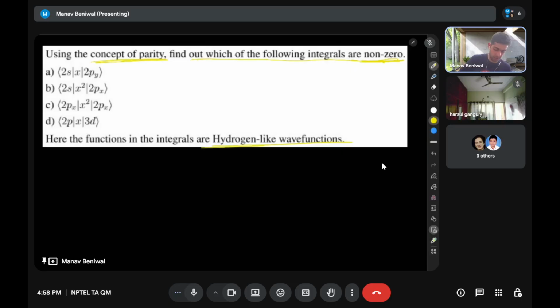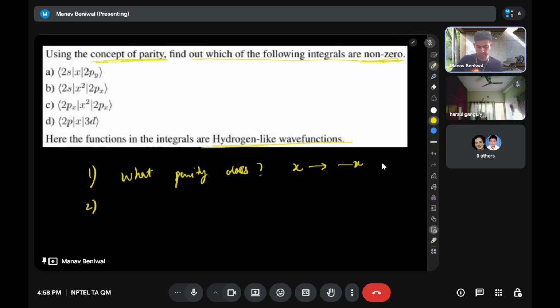What are the prerequisites of solving this problem? One thing is we should know what parity does. Parity essentially takes us from x to minus x.